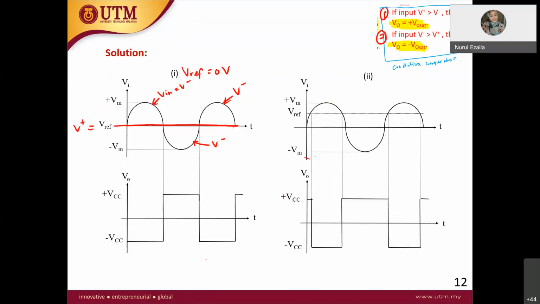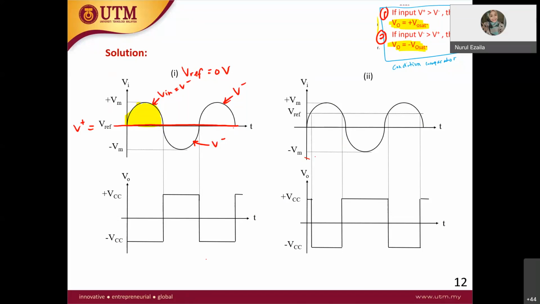Now to find the V out, you need to cross check with the condition. Let's take a look at the first cycle here, which I highlight. Can someone tell me, is it V minus greater than V plus or V plus greater than V minus?